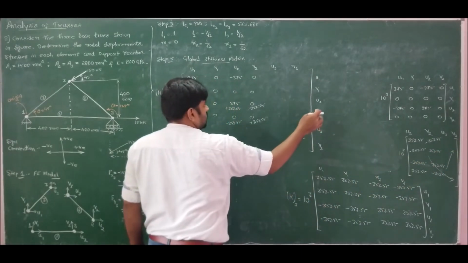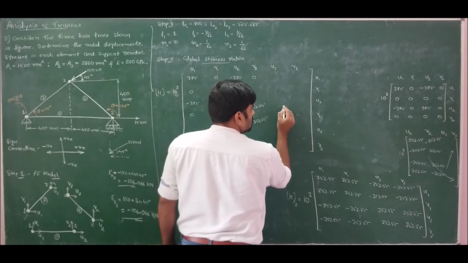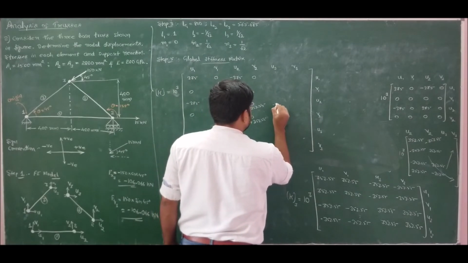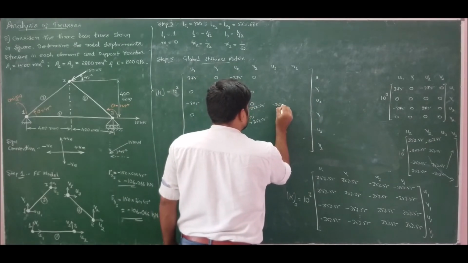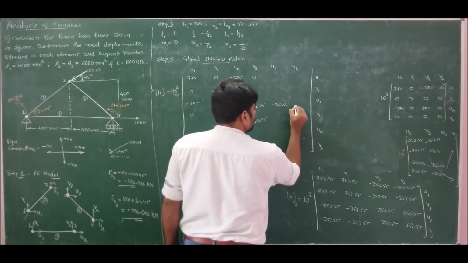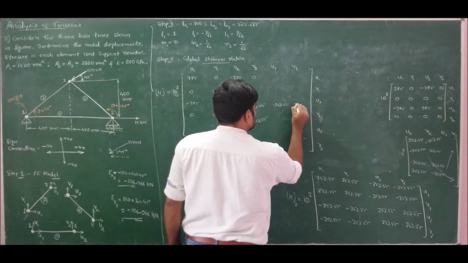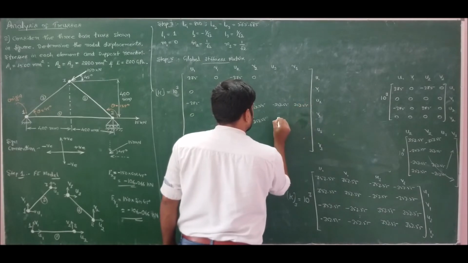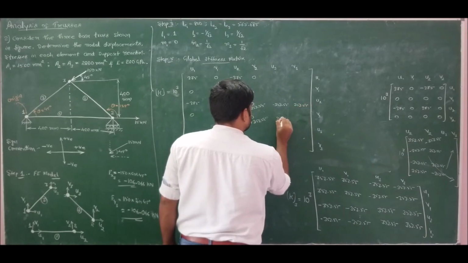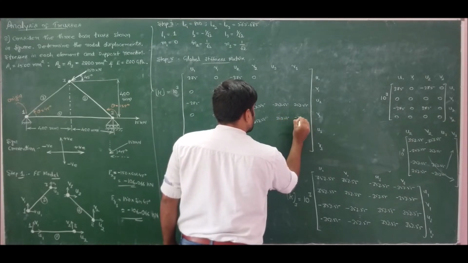So u3 v3, u2 v2 will come here. So I should place it here. It will be minus 353.55 plus 353.55 plus 353.55 minus 353.55.